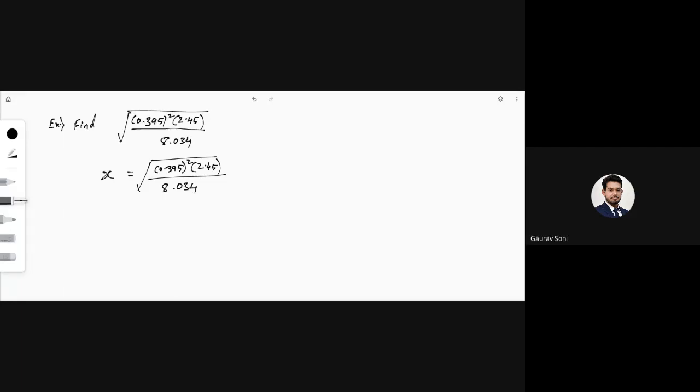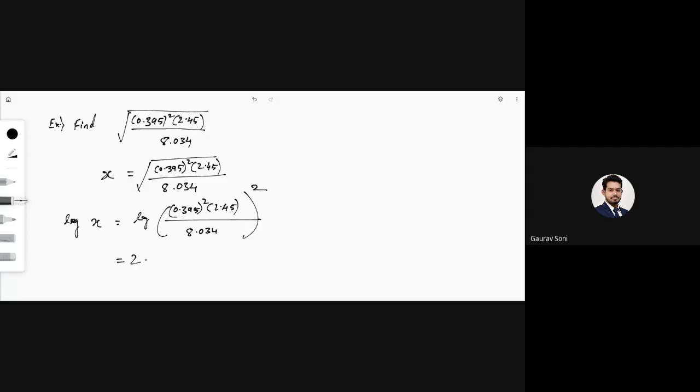So what I will do is I'll take log on both the sides. So log x is equal to log of this term, 0.395 square into 2.45 divided by 8.034, bracket complete, to the power half. What is the property? Log m raised to n.